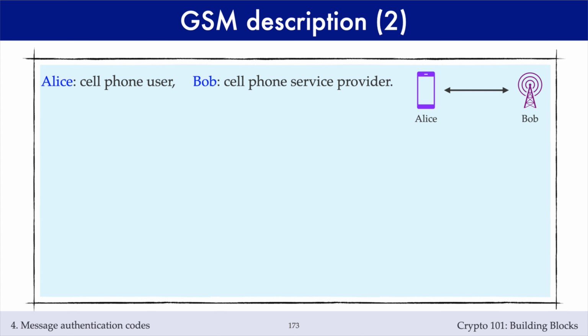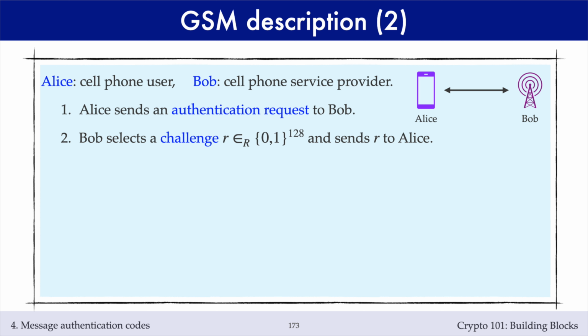Here's the basic GSM security protocol. Alice is a cell phone user and Bob is a cell phone service provider. Alice first sends an authentication request to Bob. Bob selects a challenge, which is a randomly selected bit string R of length 128, and sends R to Alice.